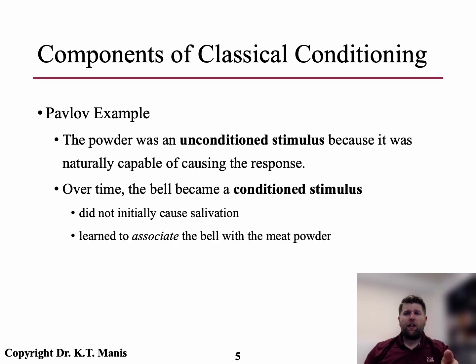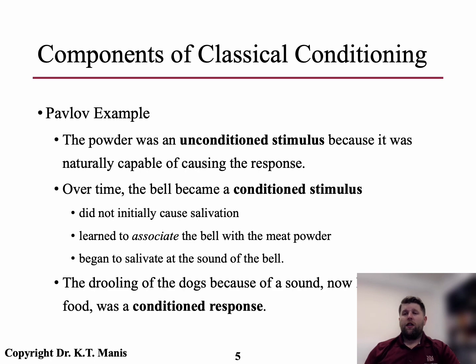It didn't initially cause the salivation, but the dog learned to associate the bell with the meat powder or the food. And now the dog salivates at the sound of the bell. So the drooling of the dog, because of a sound now linked to the food, is the conditioned response. We have the unconditioned stimulus, which is the powder, the conditioned stimulus, which is the bell, and the salivation or drooling, which is the conditioned response.